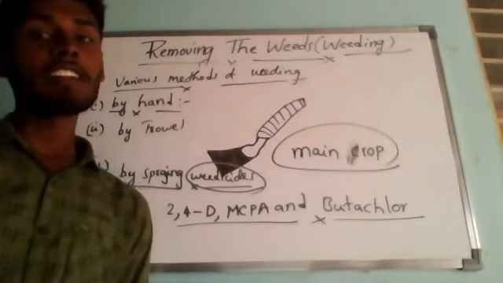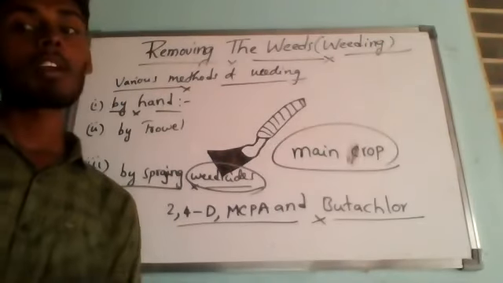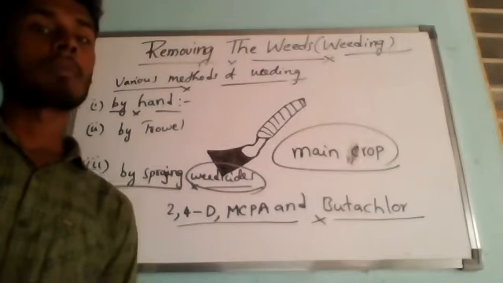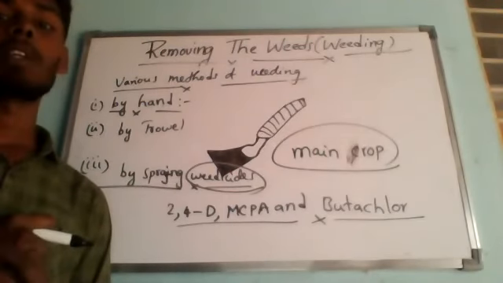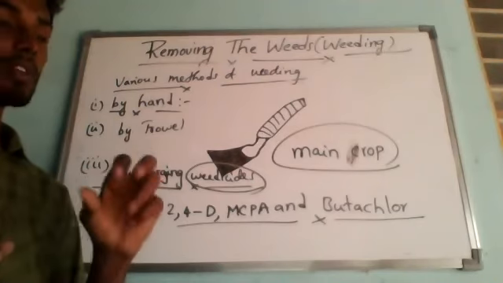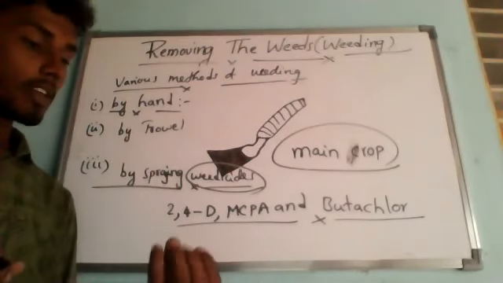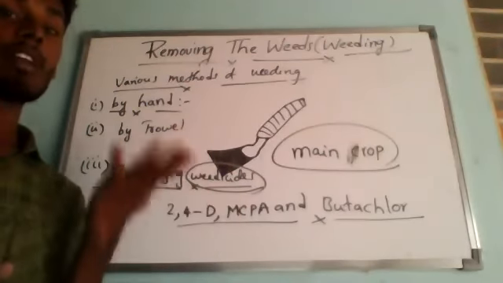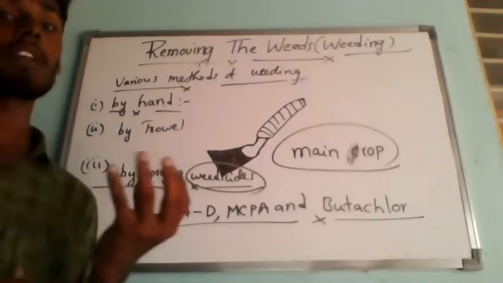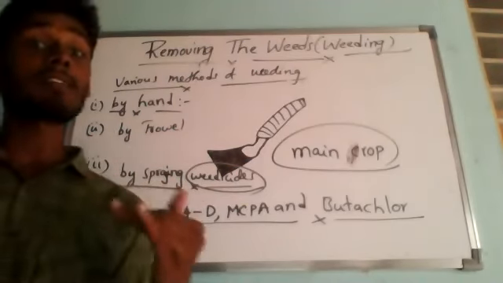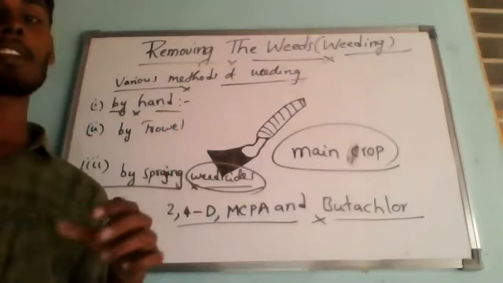The weedicides are sprayed in the crop fields before flowering and seed formation in the weeds takes place. When the weeds are at a younger stage, before they flower and form seeds, at that stage you have to spray these chemicals.